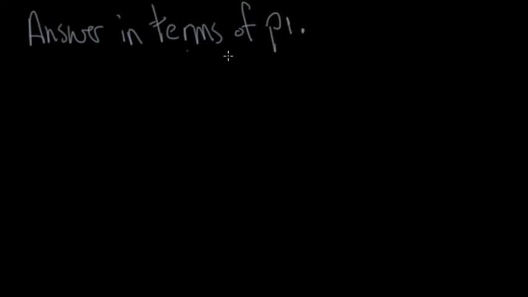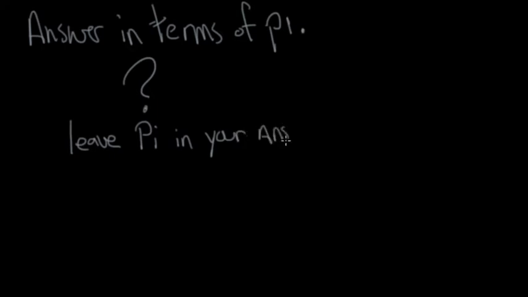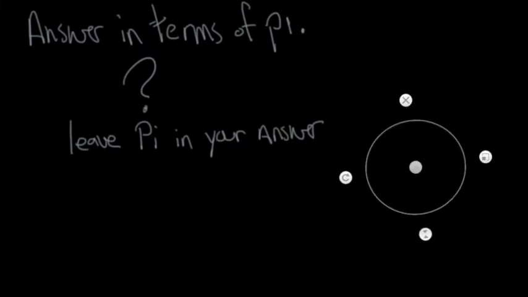What is that? What does that mean? It means you will leave pi in your answer. You're not going to actually calculate with it. Now, if I'm a kid, I'm still like, what are you talking about, Mr. Douglas? So, let's show you.